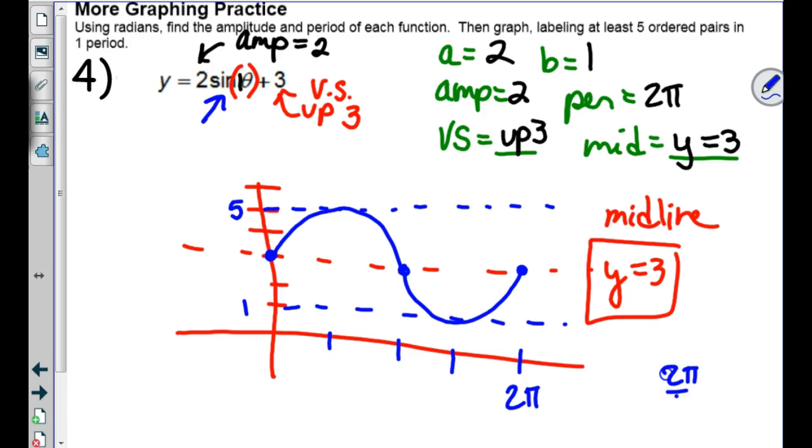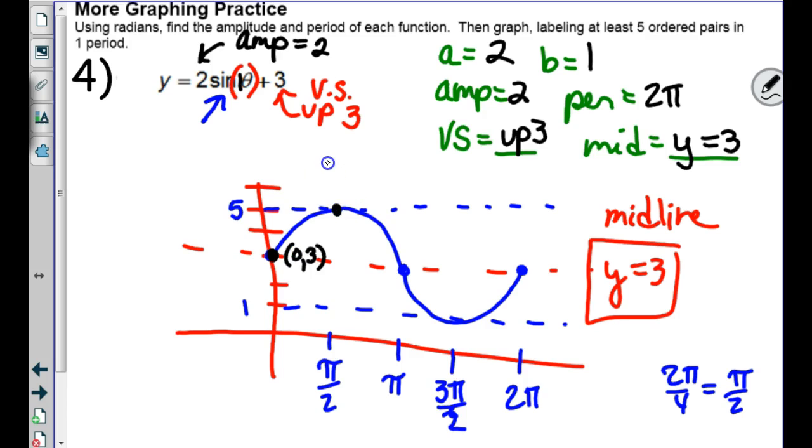2 pi divided by 4 is pi over 2. So this is going to be 1 pi over 2, 2 pi over 2, which is pi, 3 pi over 2, and then 4 pi over 2. All right, so the first ordered pair right here, anybody? 0, 3.